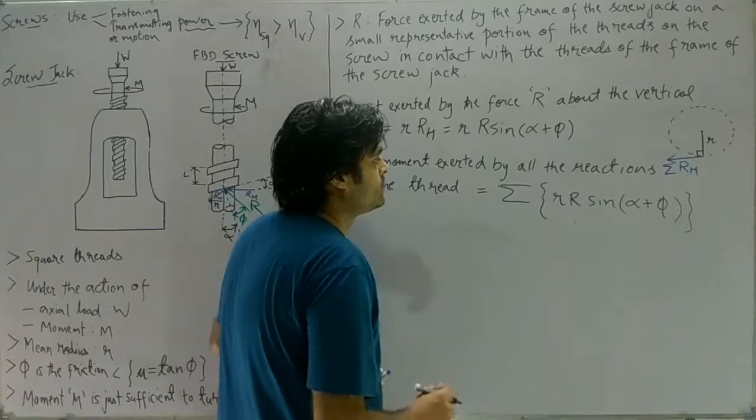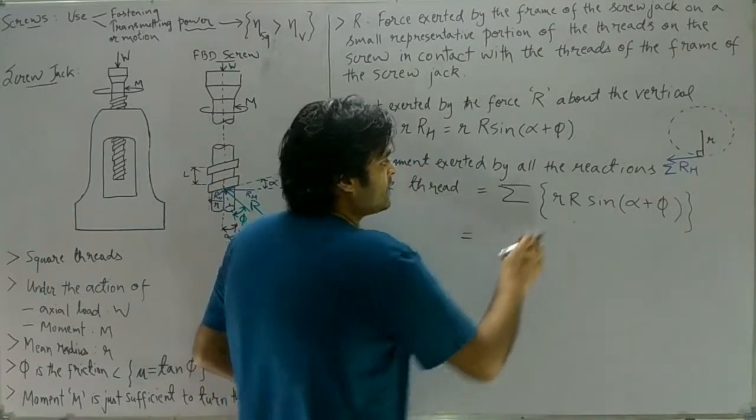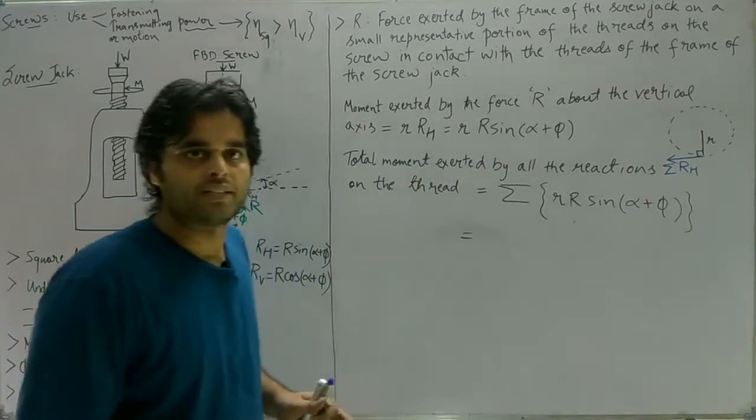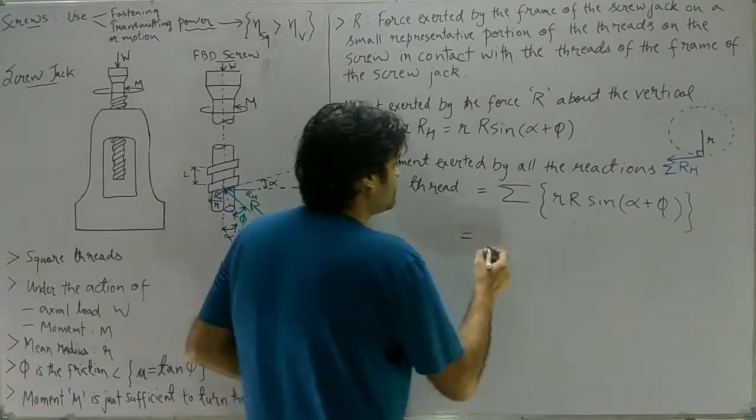Okay, so now if we do the summation of this term, we see that r into sine(alpha plus phi) appears in every term, so it comes out of the summation.